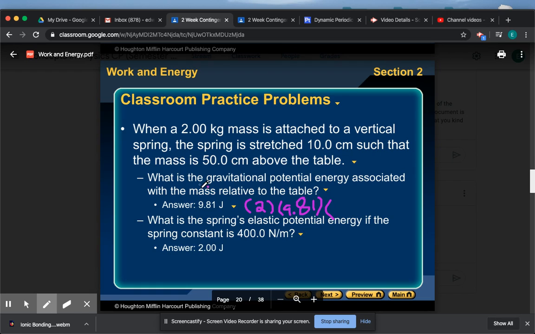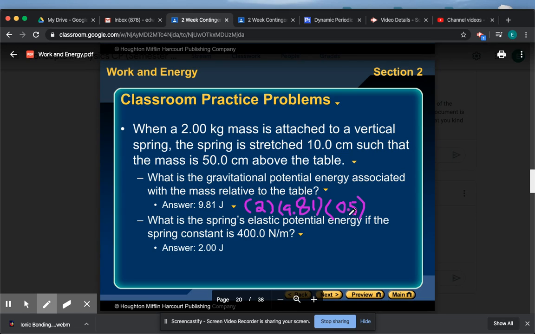We need to convert centimeters to meters. So 50 centimeters would be 0.5 meters. Remember, there are 100 centimeters in 1 meter. So 50 centimeters would be half a meter. Okay? So 0.5 is the same thing as 1/2.